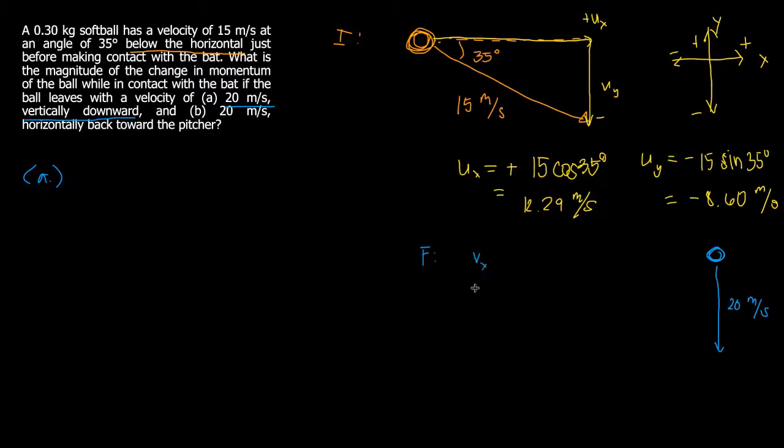Since wala siyang x component, we will label v sub x as 0 meters per second. On the other hand, yung v sub y natin meron, it's going downwards, so negative, that is 20 meters per second.